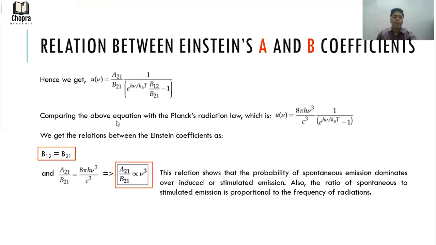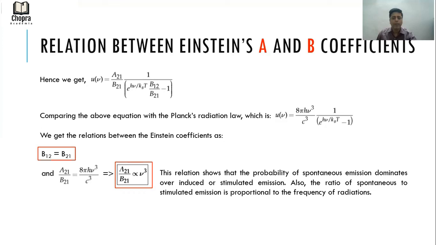Because a laser can be considered as a black body radiator. So we can compare the law for the black body with the energy density we have obtained for our system here. After comparing, we can get the relations between the Einstein coefficients.